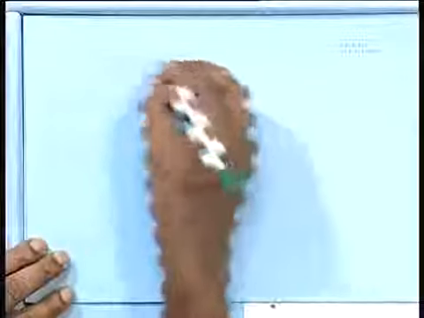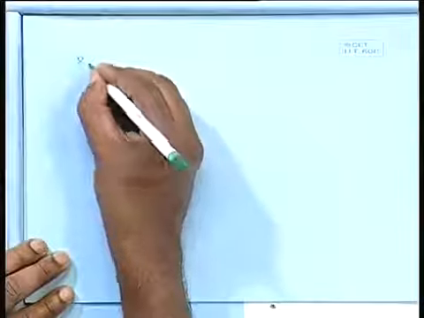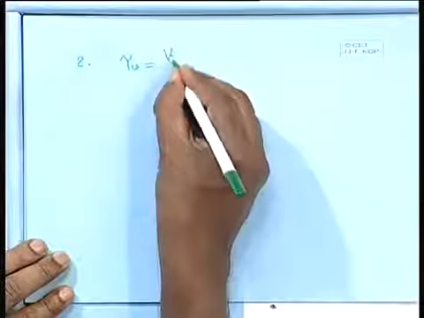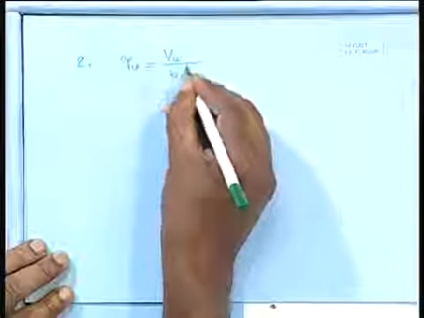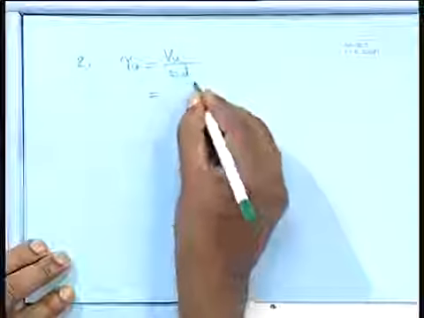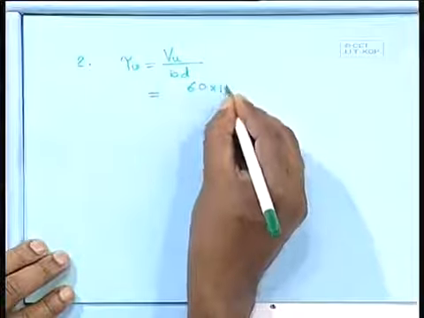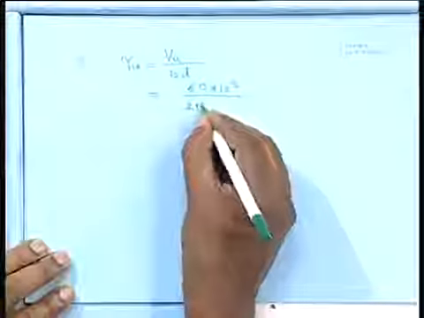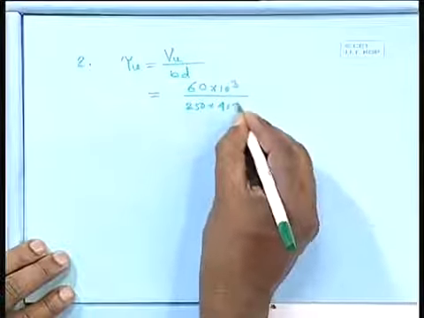What about the shear force? Number 2, tau V equal to VU by BD, VU equal to 60 into 10 to the power 3 divided by 250 times 415.